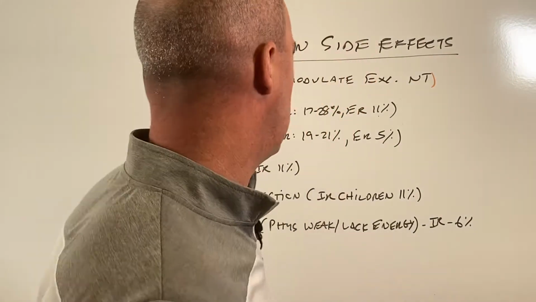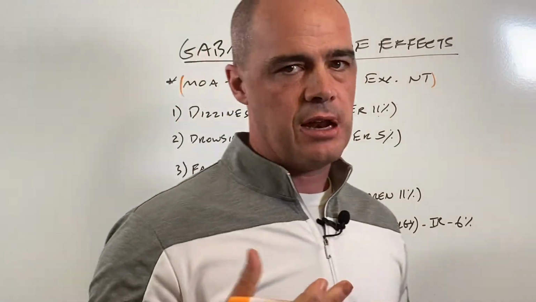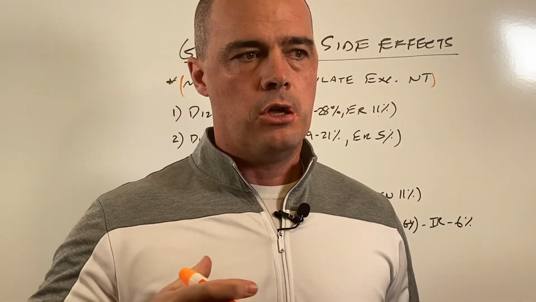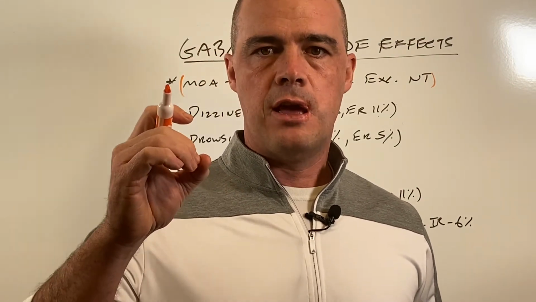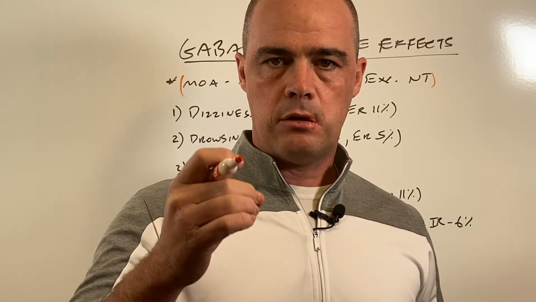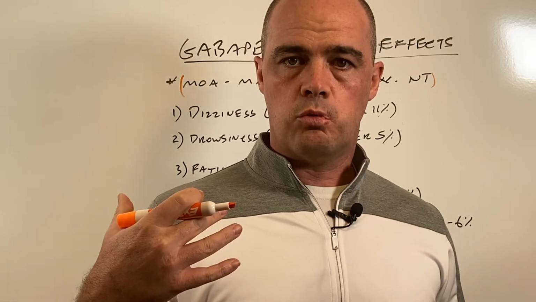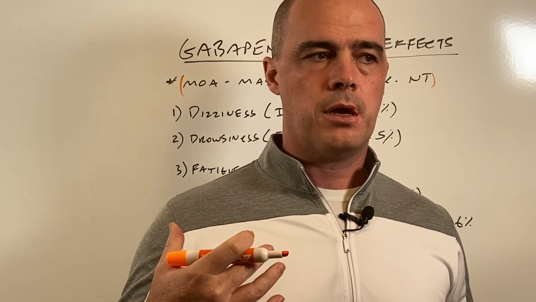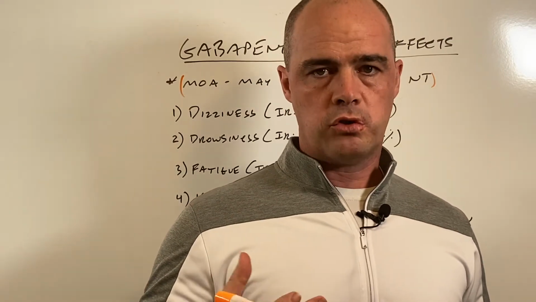We believe it can modulate excitatory neurotransmitters. So you have these chemicals floating around that can essentially excite neurons, and you can see that particularly in people with seizures, which is one of the reasons we use gabapentin. Not as much anymore, but in the past it was used for that more so.